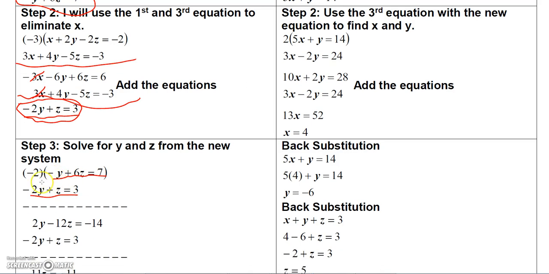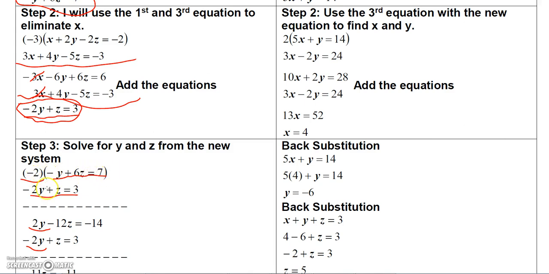Now, I'm going to go ahead and multiply the first equation by negative 2. The reason I'm doing that is because if I multiply negative y by negative 2, it'll give me positive 2y. That way when I add it to this equation, the y's will cancel. So if I multiply negative y by negative 2, I've got to multiply everything else by negative 2.